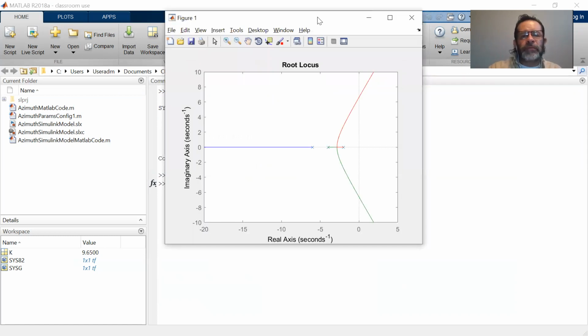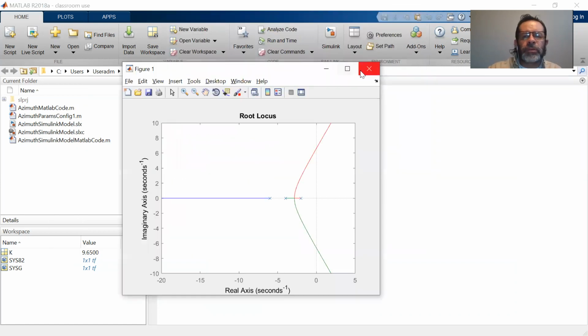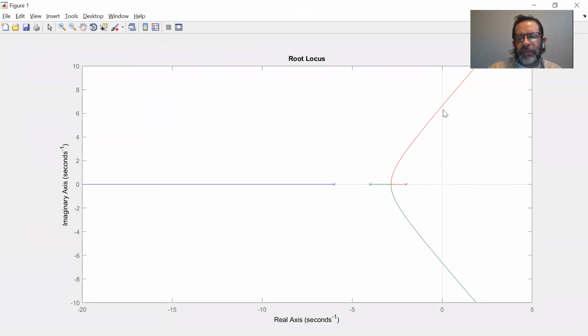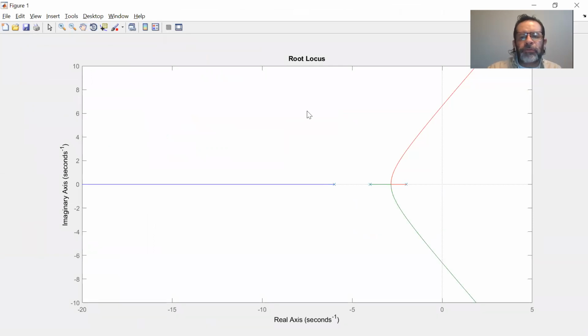We're going to get a very similar one to the one we had before. This system is a third order system. The previous one, I'm sorry, was a fourth order system. It's going to have very similar characteristics to the other one. Again, we can also find useful values here.